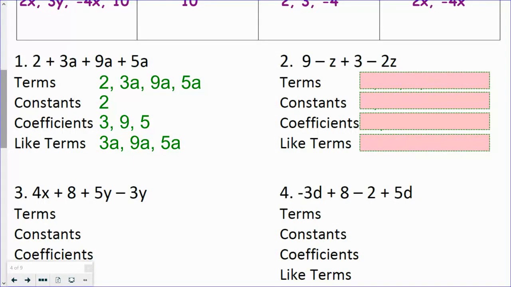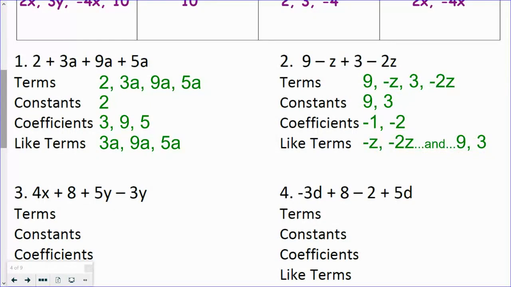What about number 2? Pause this to see if you can figure it out yourself. Right? Did you get the same thing? You write down your 4 terms, your 2 constants, your 2 coefficients, and you actually have 2 sets of things that are like terms that you can put together.